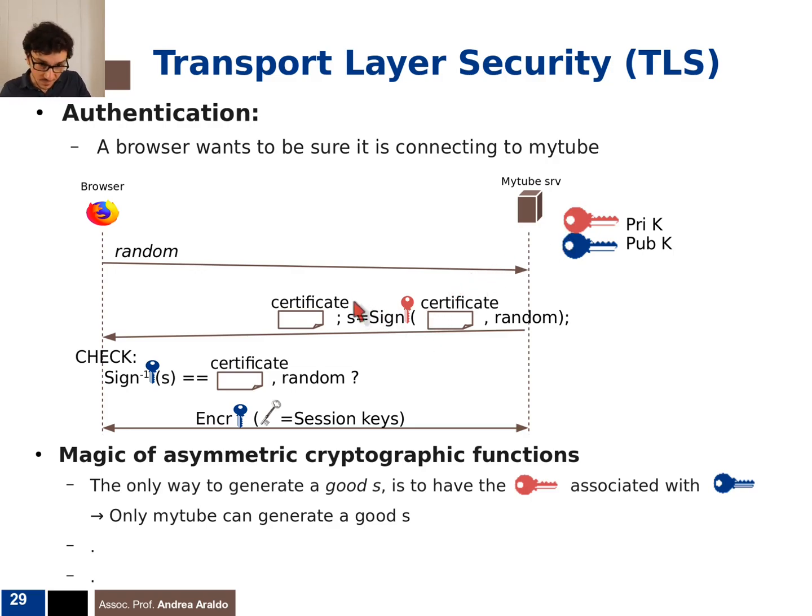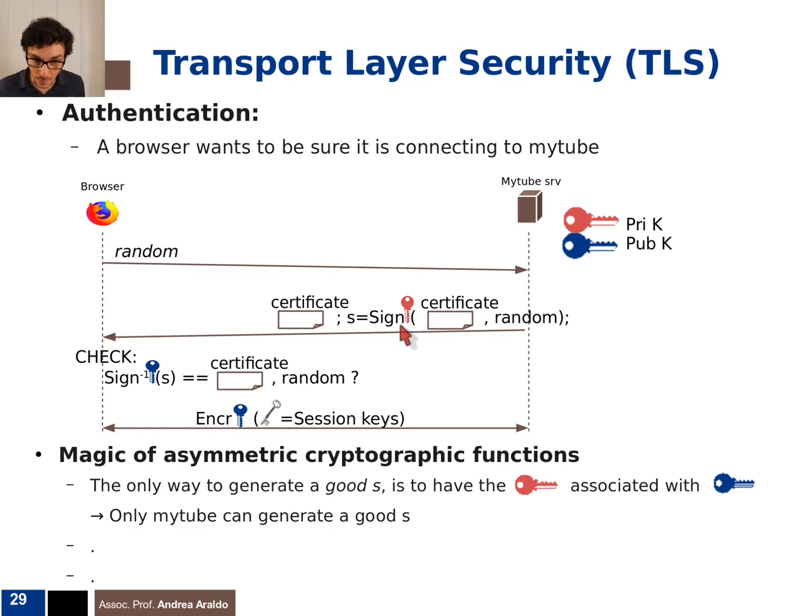The result of this mathematical function, which we call S, is sent back to the browser. And now the browser needs to do the inverse of the signature by applying, this time, the public key. And the result, hopefully, is equal to the input of the signature. So this is the magic of asymmetric cryptography.